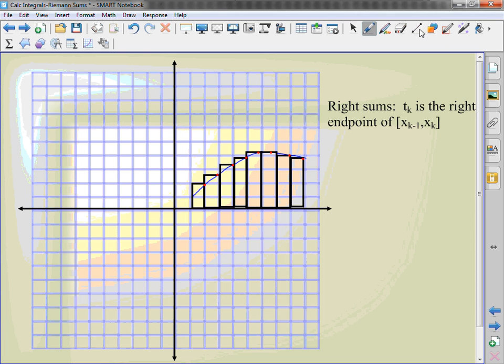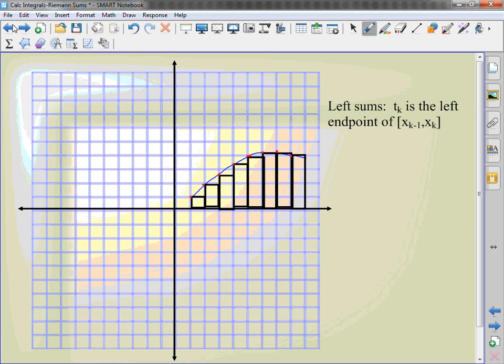In the first one, I started from the left, and my first rectangle was right here. This one starts from the right. What do you notice about most of these rectangles? They're outside. These ones were mostly inside.